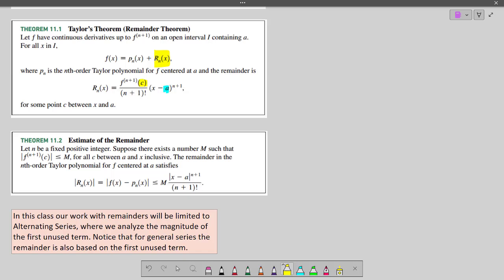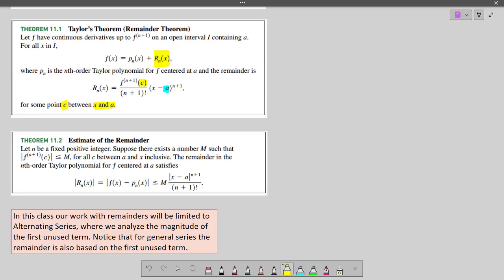We did our derivatives, and then we evaluated them at the center, a. But this is evaluated at c, and c is a number between x and a. It's not random, but it's in there. You will never be able to find c. c is a mystery number between x and a.